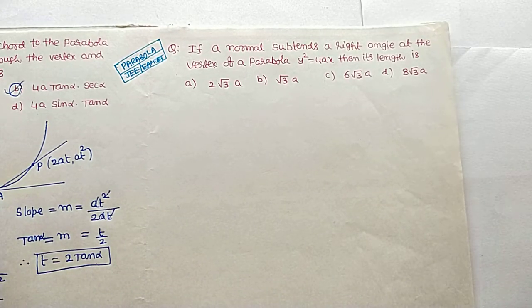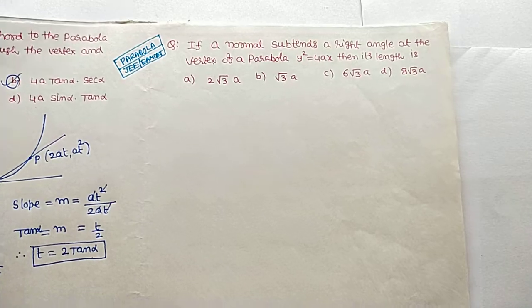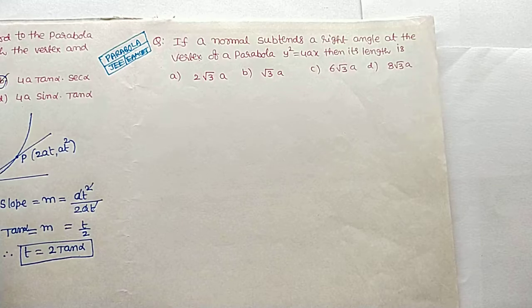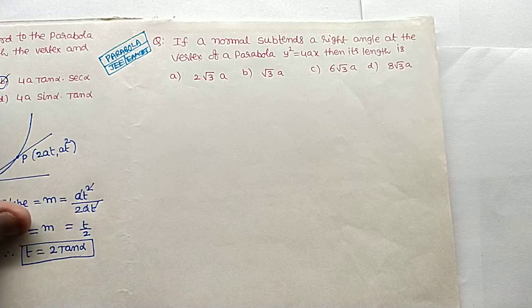If a normal chord subtends a right angle at the vertex of the parabola y square equal to 4x, then its length is... Here in intermediate IPE, we discussed a normal chord subtends a right angle at the vertex of the parabola y square equal to 4x.